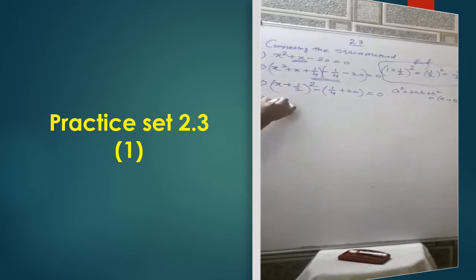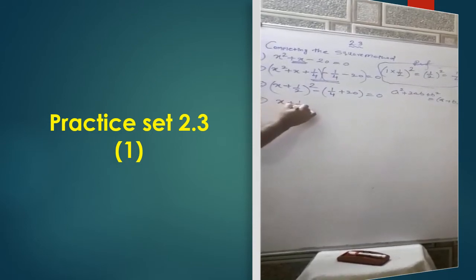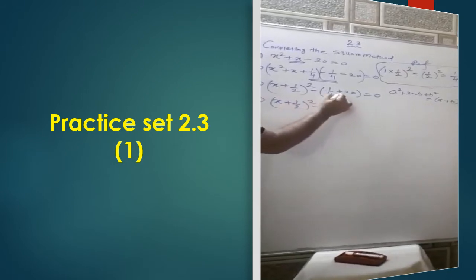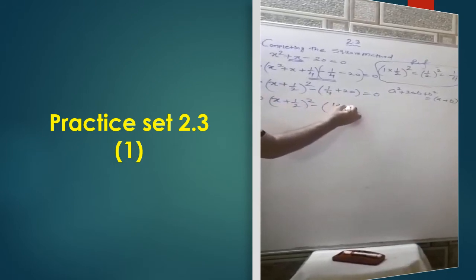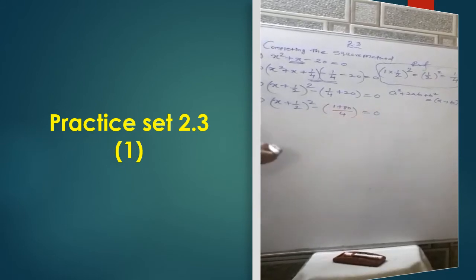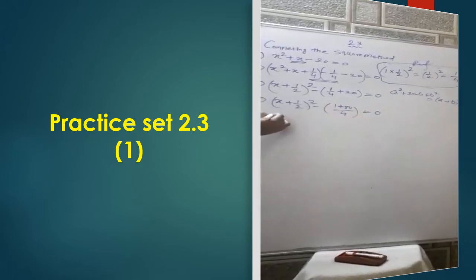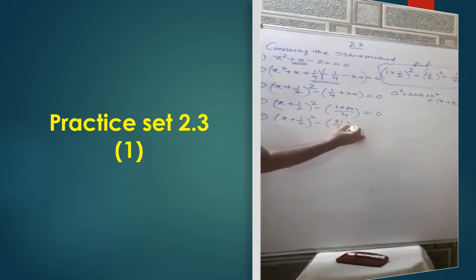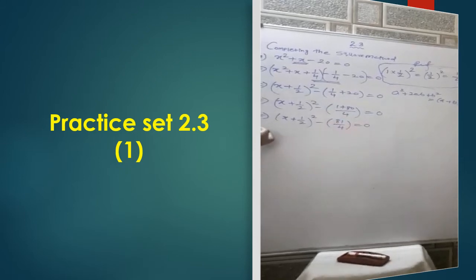So x plus 1 upon 2 the whole square, and here do the cross multiply: 1 plus 80 is 81 upon 4, minus that equals to 0. So x plus 1 upon 2 the whole square minus 81 upon 4 equals to 0.